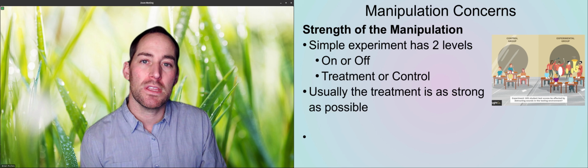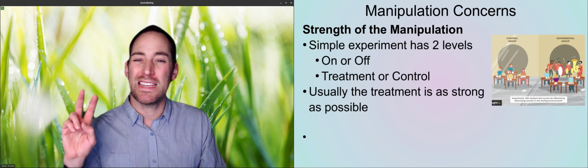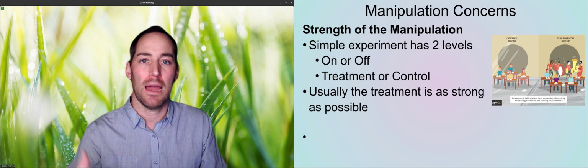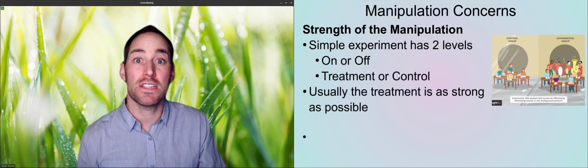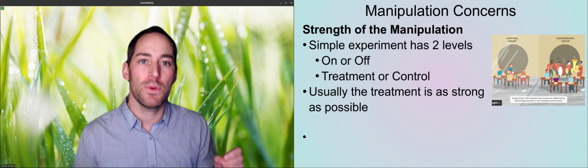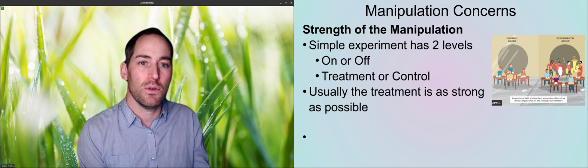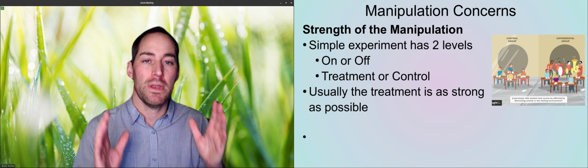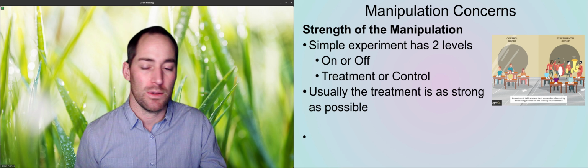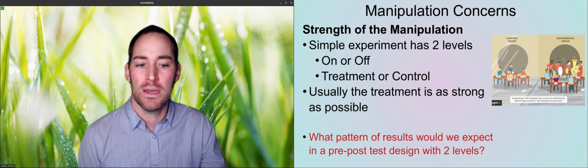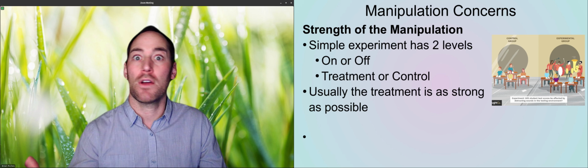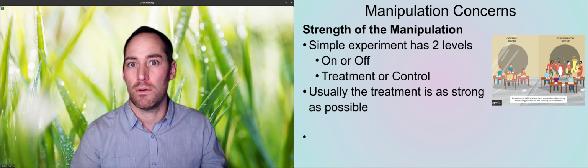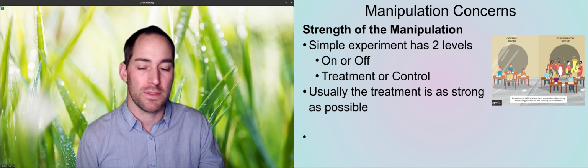So usually this treatment, when you have only 2 levels, is as strong as possible. So highest weight, highest time, highest volume, just to make sure that you can see an effect. So you try to manipulate the situation in a way that you can see that your manipulation has some effect. So usually it's a very strong treatment. So if you were thinking like drug versus placebo, 100 milligrams of the drug versus 0 milligrams of the drug.